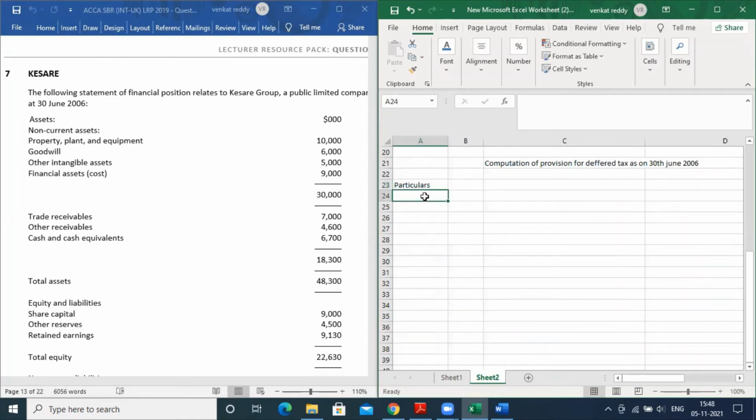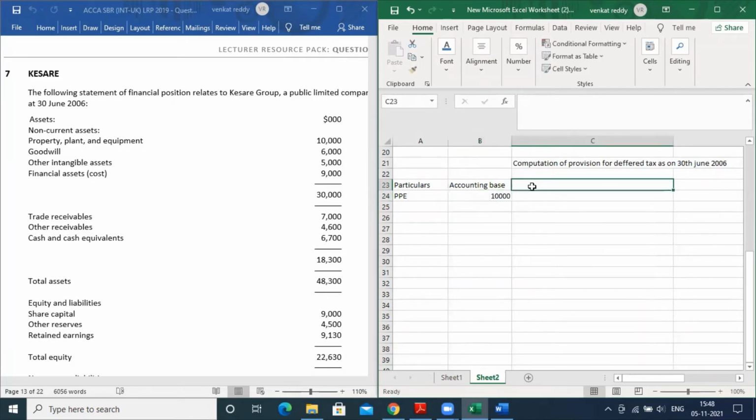So property, plant and equipment as per accounting base. The value of property, plant and equipment as per accounting base, they gave it as 10,000.